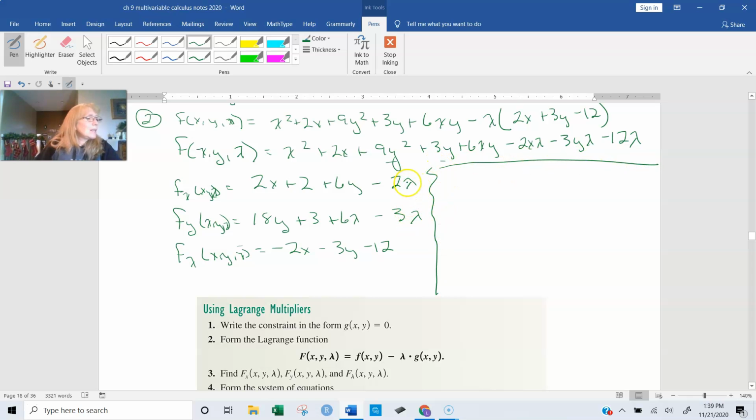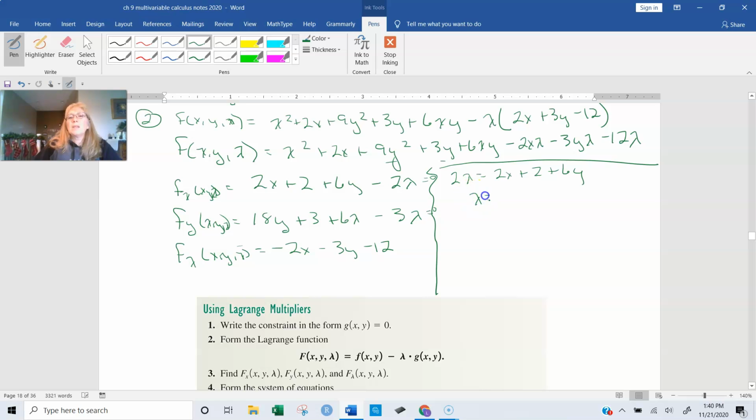Okay, so when we're looking at these, we need to get rid of lambda. I think we're going to solve for lambda and show you a different option. So these are equal to 0. Let's get lambda by itself. That means 2 lambda is equal to 2x plus 2 plus 6y, and divide by 2.